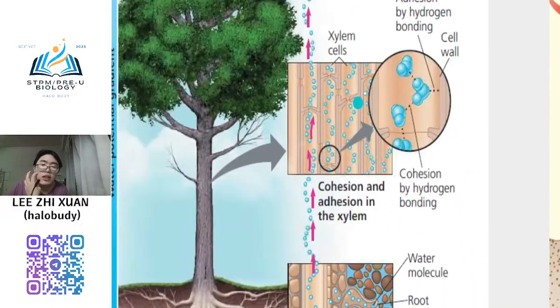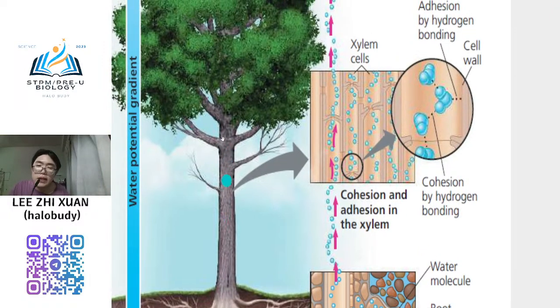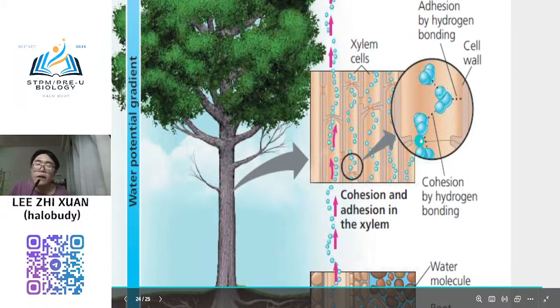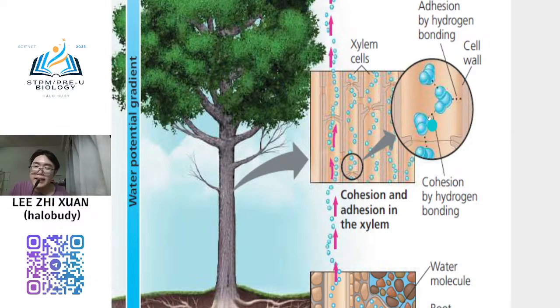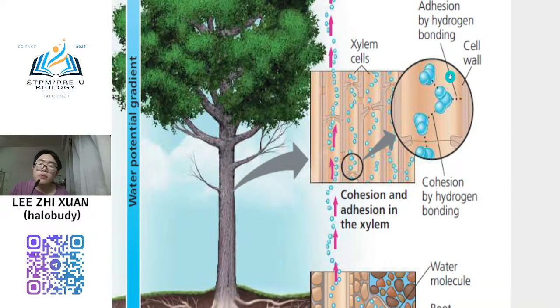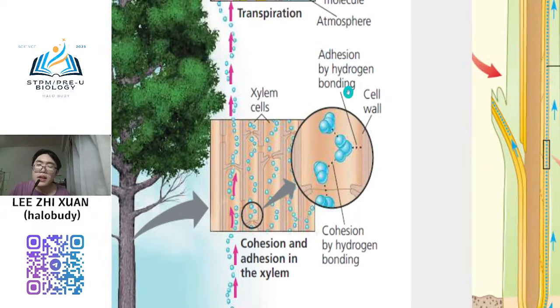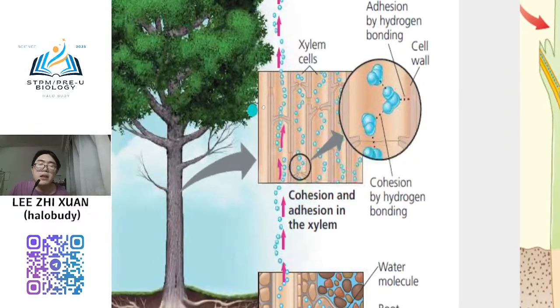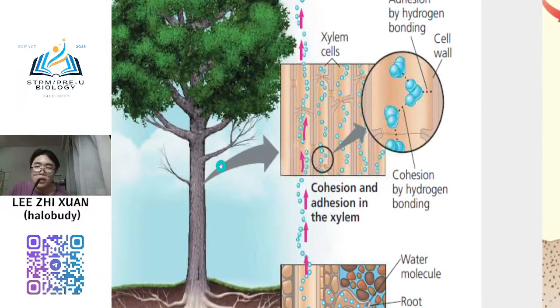But you need to know that we have gravitation, like the root pressure. If no hydrogen bonding like this, it would be like root pressure, a pushing force only. So because of the cohesion and adhesion, it can overcome the gravitation challenge. So the water molecule can be transported up to the leaf against gravity.